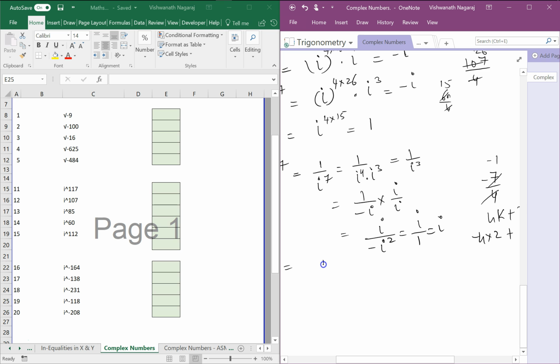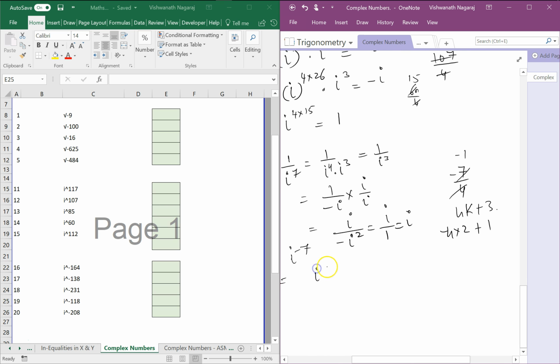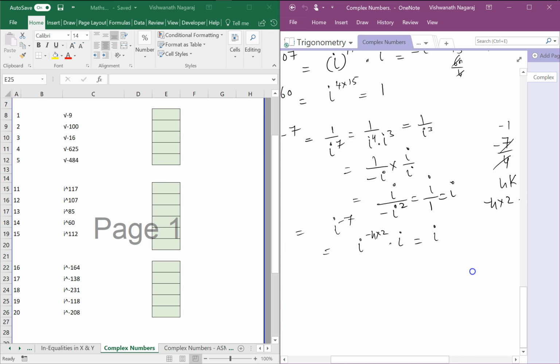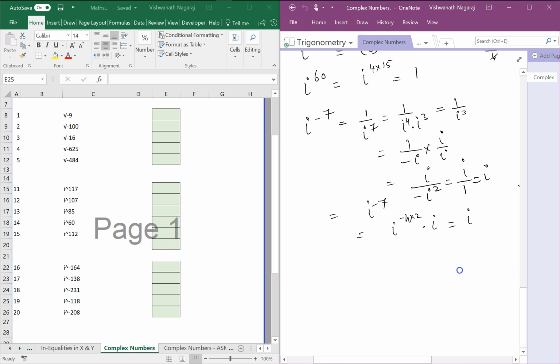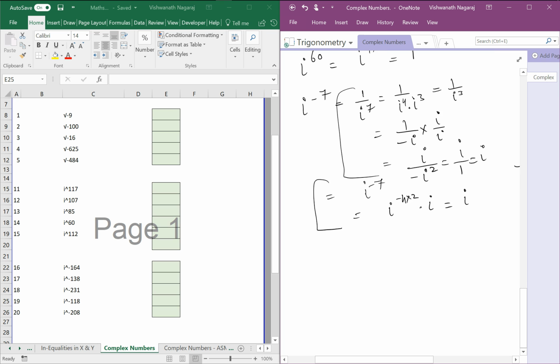So i to the power of minus 7 is equal to what? i to the power of minus 4 times 2 and i, which is i. Got it? Now it's better to do it like this than the earlier way, because that will take much more time. See, as you keep practicing, it becomes easier and easier.